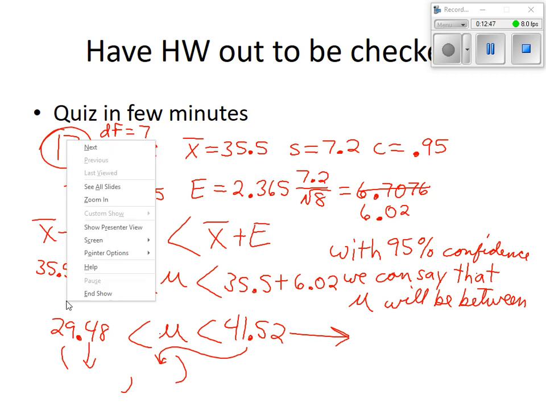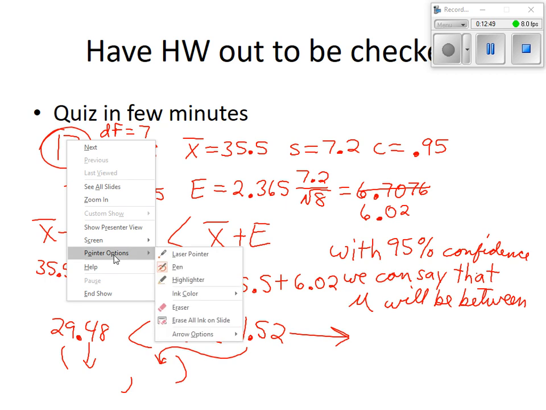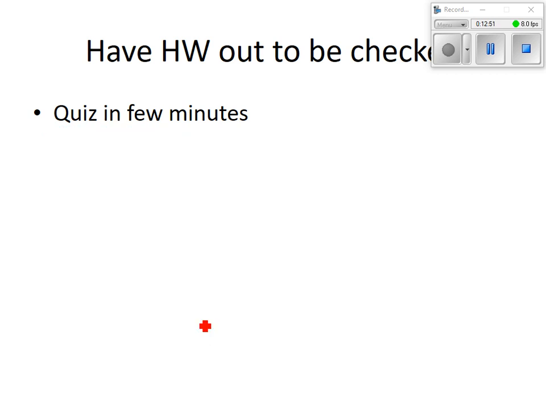Number 18. Do you want to do 18 on your calculators? Number 18 says, first of all, the directions tell us C is 0.95, so I'm going to write that up here before I forget.